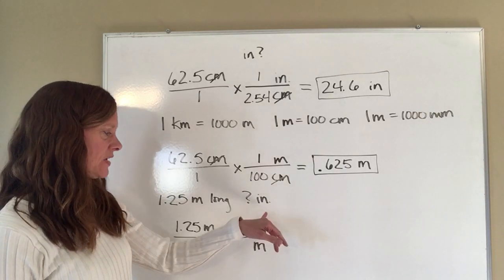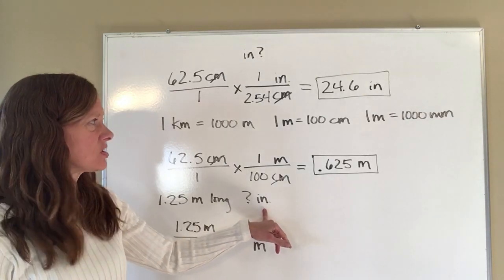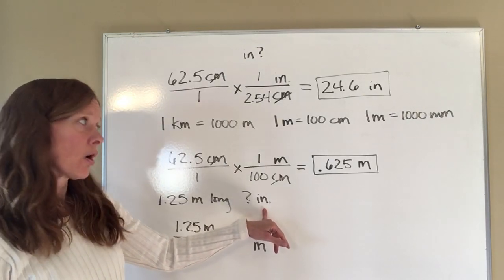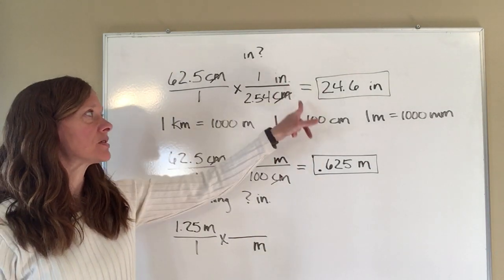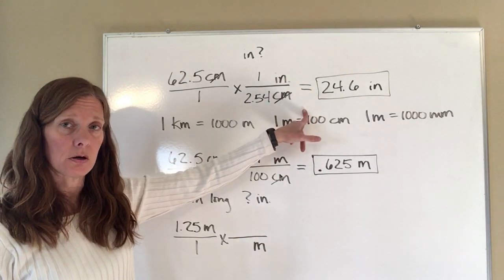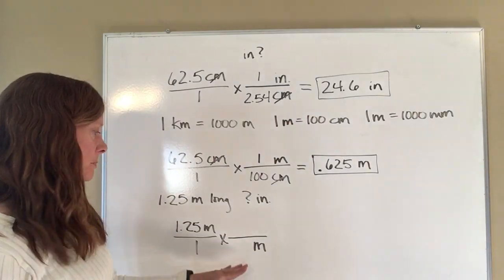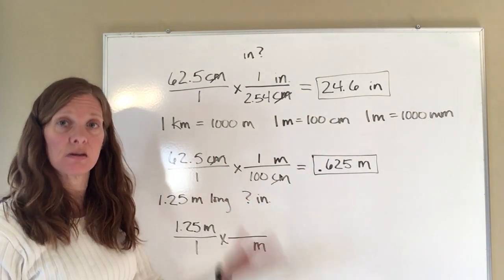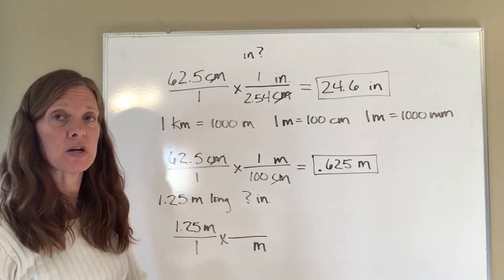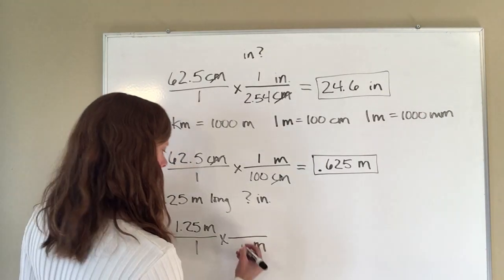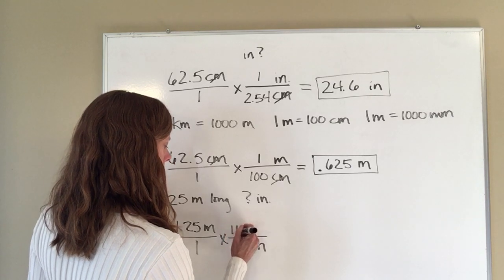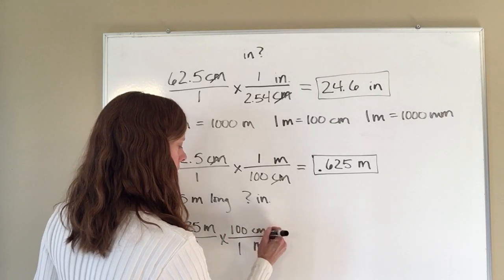Again, I don't have anything that's going to convert me directly to inches, but I do know that if I know centimeters, I can convert it to inches because I use that conversion factor up here. So my best bet is I'm going to take meters and convert it to centimeters first, and then I'll be able to convert it to inches. So I'm going to take 1 meter goes to 100 centimeters.